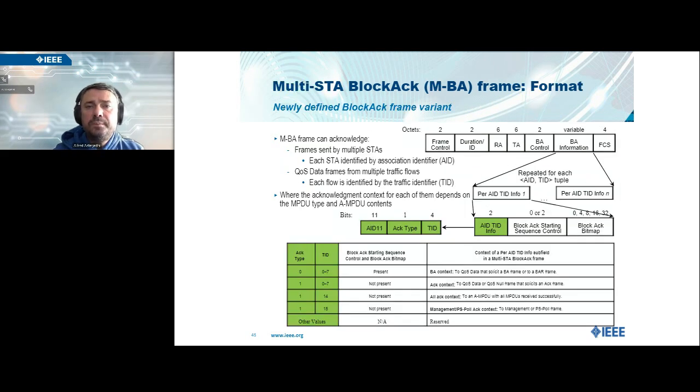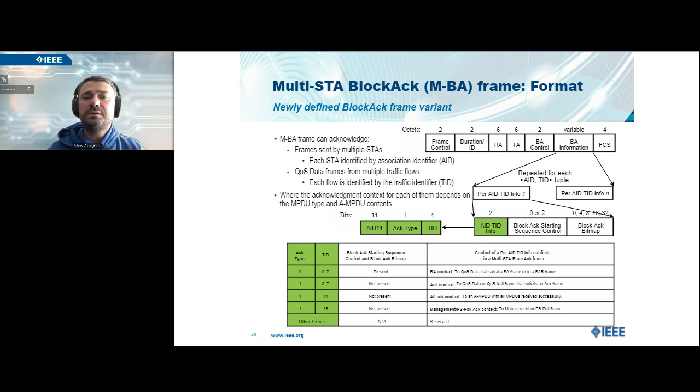The multi-state block ACK, you can think of as an expansion of the compressed block ACK with additional properties, or with added flexibility. The added flexibility is that now you can acknowledge frames sent by multiple stations, and the block ACK information that we had earlier is now repeated multiple times per AID and TID.